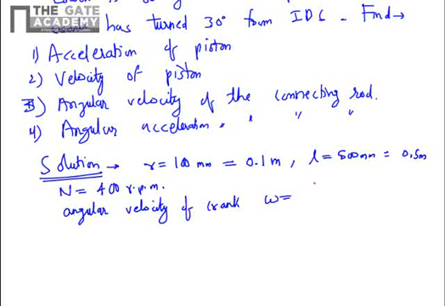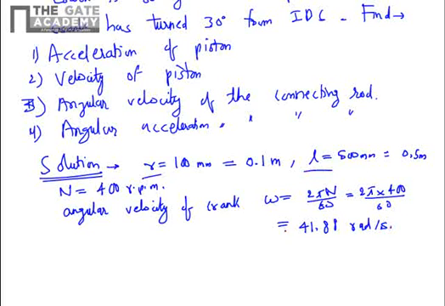Omega is 2 pi n by 60. The number of revolutions per second multiplied by 2 pi is the angular velocity. So 2 pi into 400 by 60 comes as 41.88 radians per second.